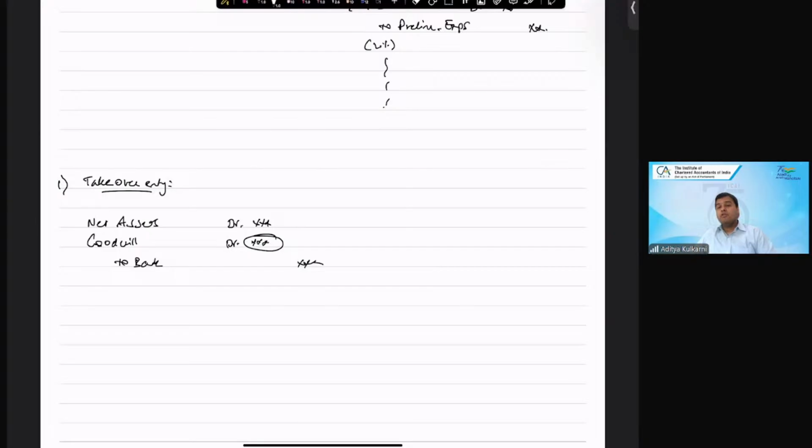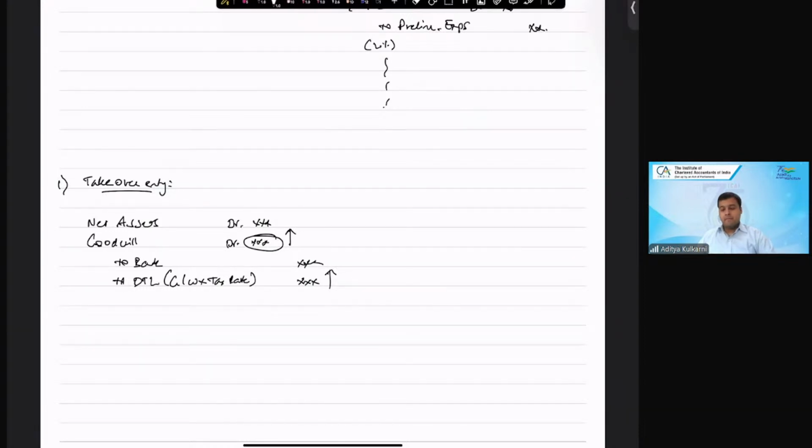Now, suppose I recognize a DTL on this goodwill. Then to DTL, this will be goodwill into tax rate. Now, because this has gone up, again my goodwill will change because goodwill is a balancing figure, right?